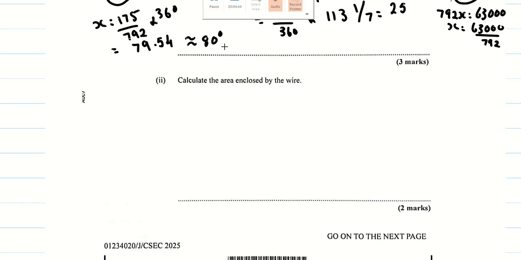They said calculate the area enclosed by the wire. Now, area of a sector, a formula, this is found in the formula sheet, by the way. Please note that these formulas are found in the formula sheet.